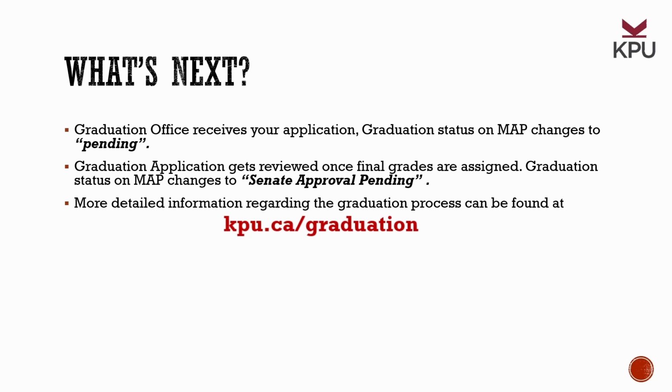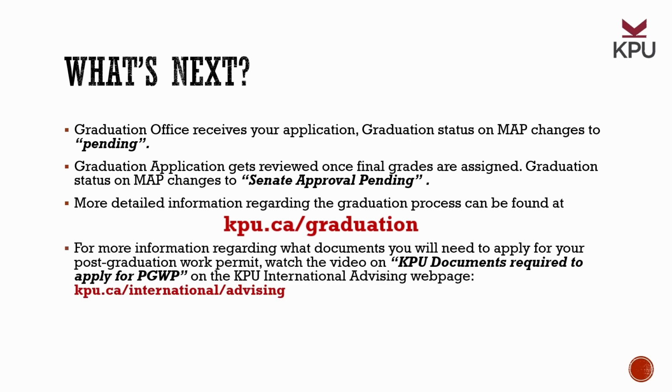If you are an international student and have applied for graduation, you are probably wondering when you will receive your post-graduation work permit letter. Your post-graduation work permit letter will be sent to you directly from KPU International once your graduation has been finalized and approved at the appropriate Senate meeting. For more information regarding this, please watch our video on KPU documents required to apply for post-graduation work permit.